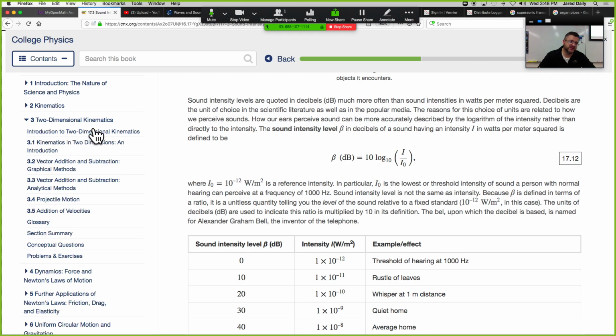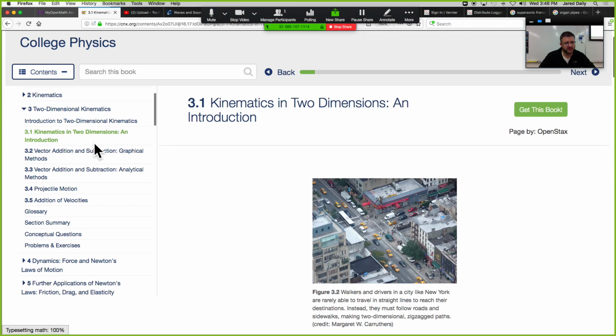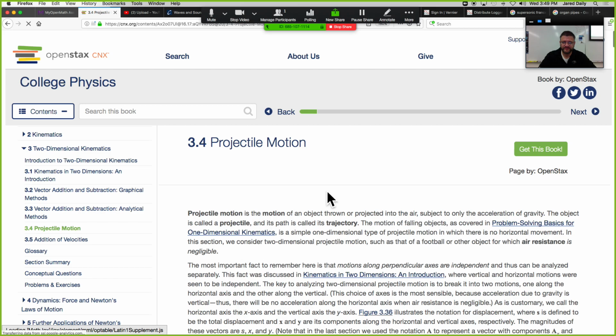If we do a two-dimensional kinematics with right here. Here. That's not right.